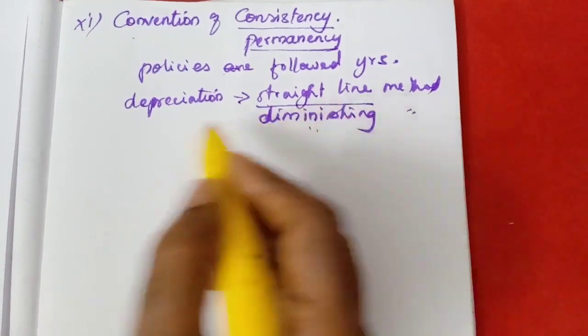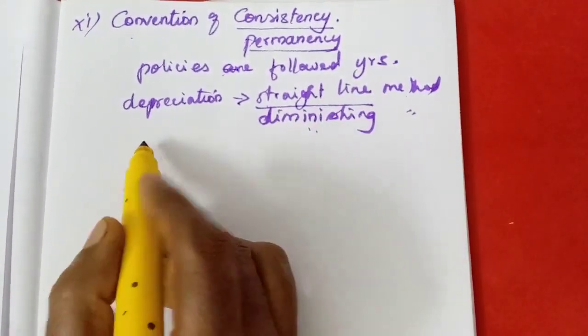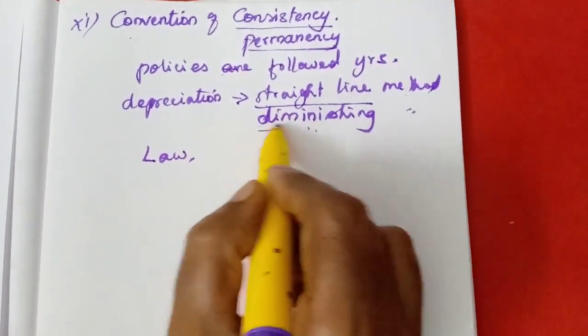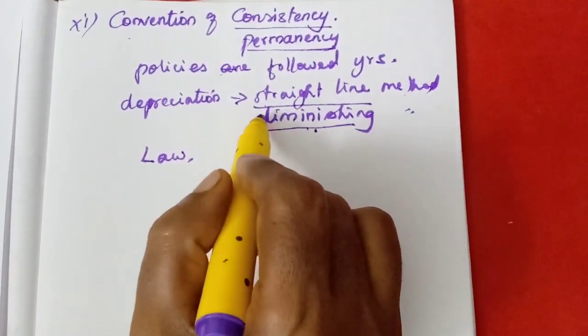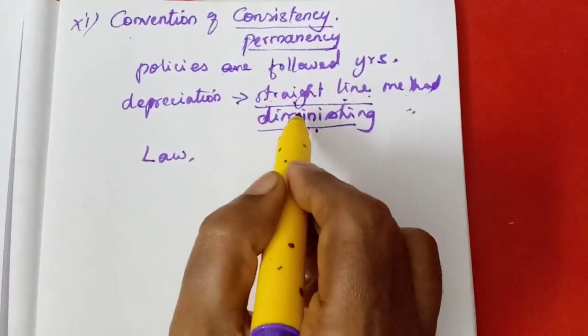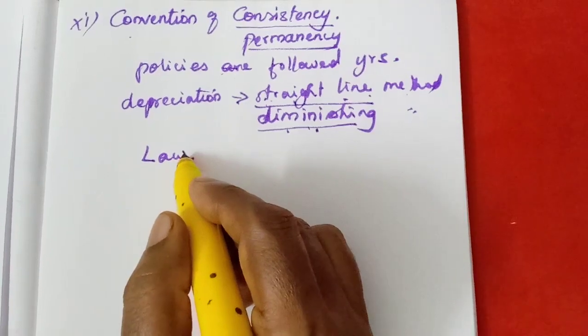Understood? But some change can be made if it complies with the provision of law. The law says all the companies must follow the diminishing balance method from the next year onwards. Then all those who have followed the straight line method will switch over to the diminishing balance method. So, as per law they can change.